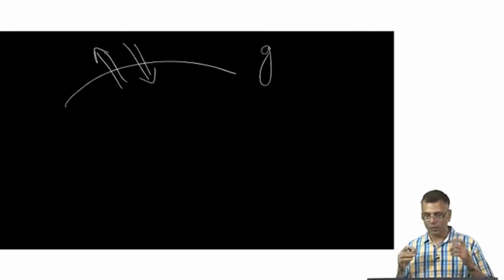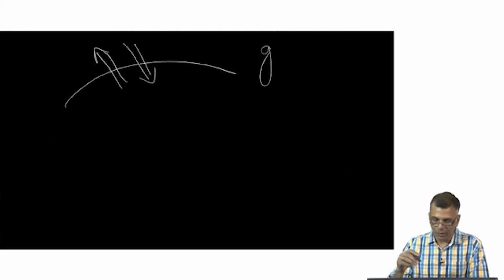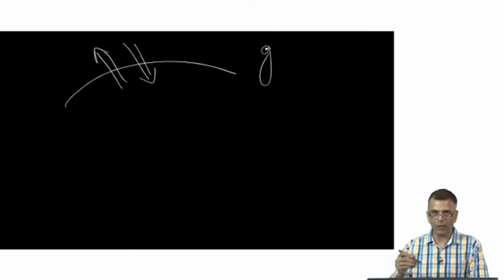So the unit of mass per se is grams, but what we're talking about is the mass flux. So this would be grams per centimeter squared per second.